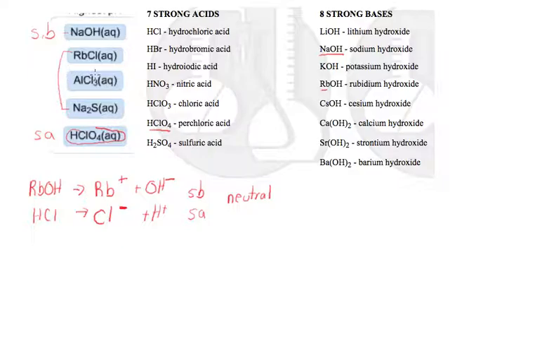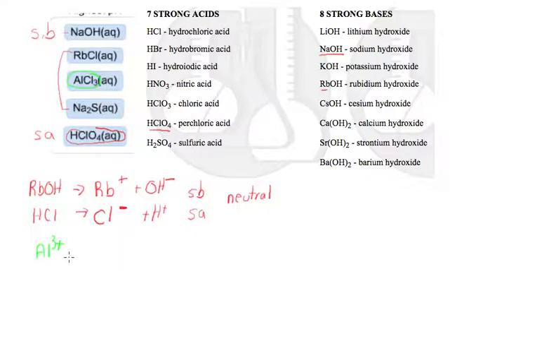So now if I take aluminum chloride, okay, aluminum is a cation that can be hydrated. So that means basically it's a cation that's not in the first two rows.